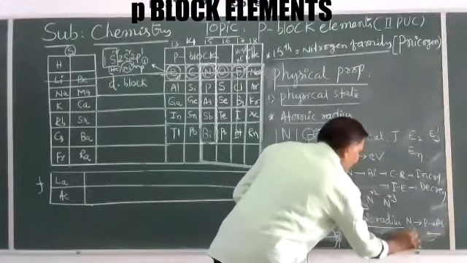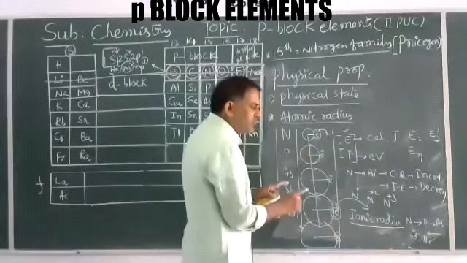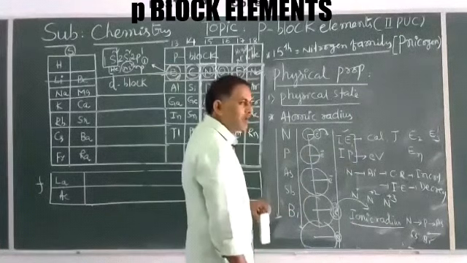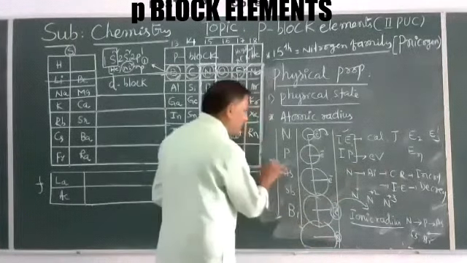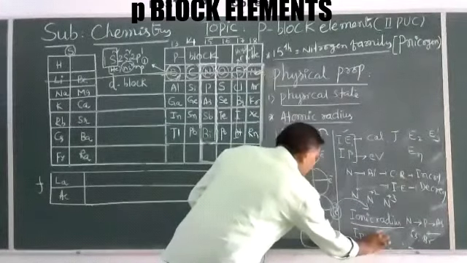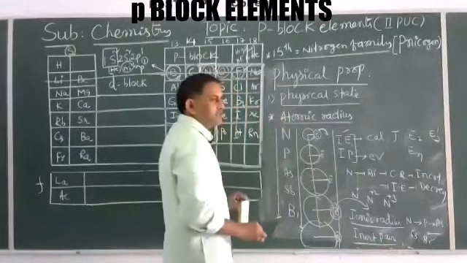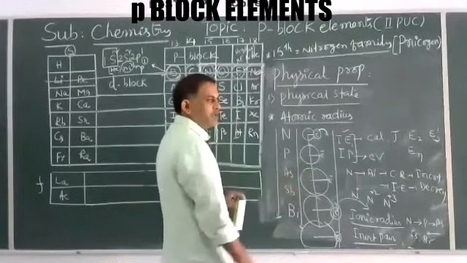For Sb and Bi the ionic radius increases, with somewhat slight variation in their ionic radius. That is due to the inert pair effect. What is the inert pair effect? I'll continue tomorrow in the next class and explain the inert pair effect.